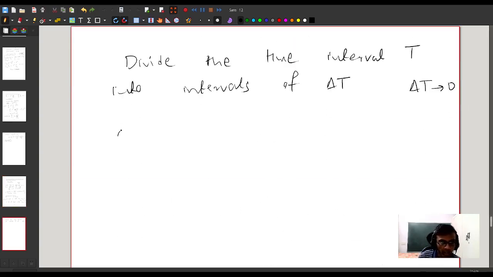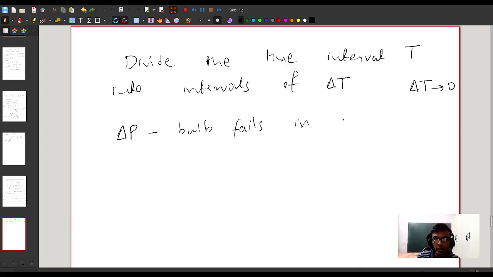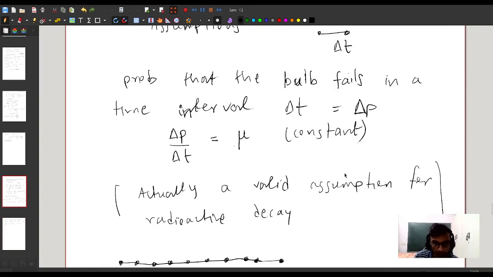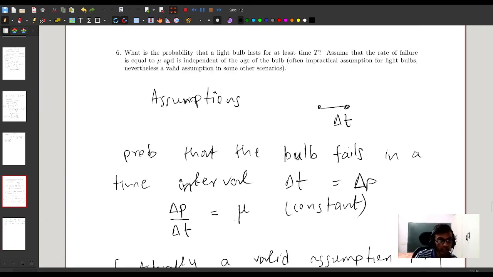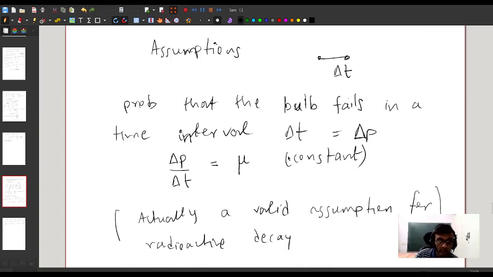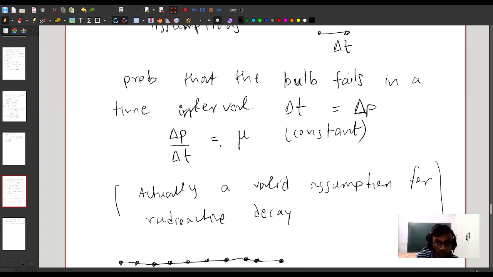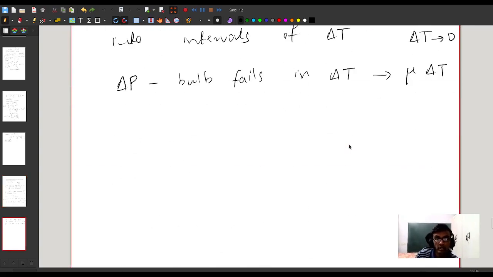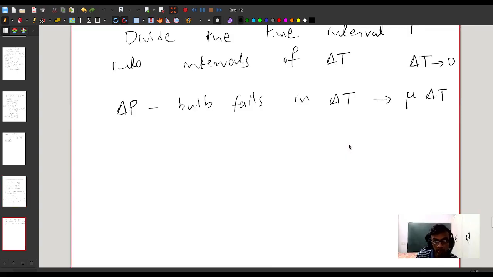So the probability delta p that the bulb fails in delta t time is actually mu times delta t, because the rate of failure is mu, and we've already discussed that the rate is constant in this assumption. So this delta p is mu times delta t.